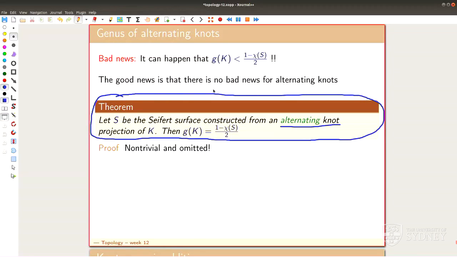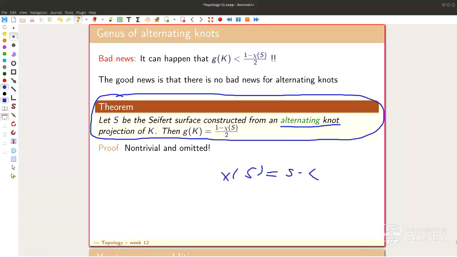You just run it, and you get the genus, which is given by computing the Euler characteristic, and remember the Euler characteristic is just the number of cycles, Seifert circles, minus the number of crossings. It's really, really simple. And the genus is exactly what is written here, which is, again, a non-trivial result.